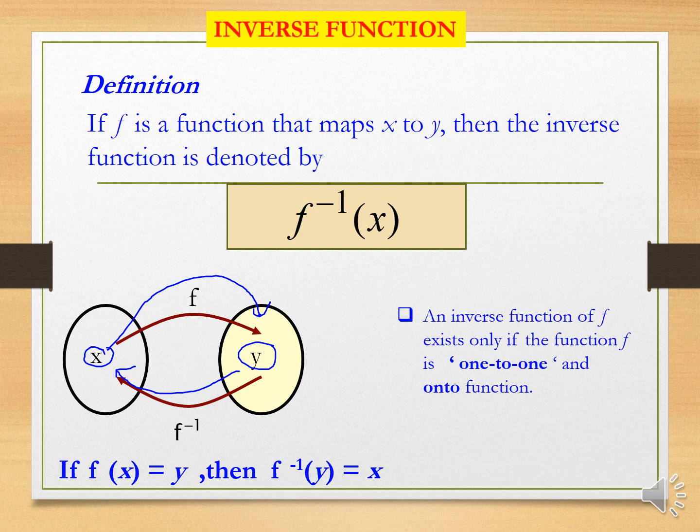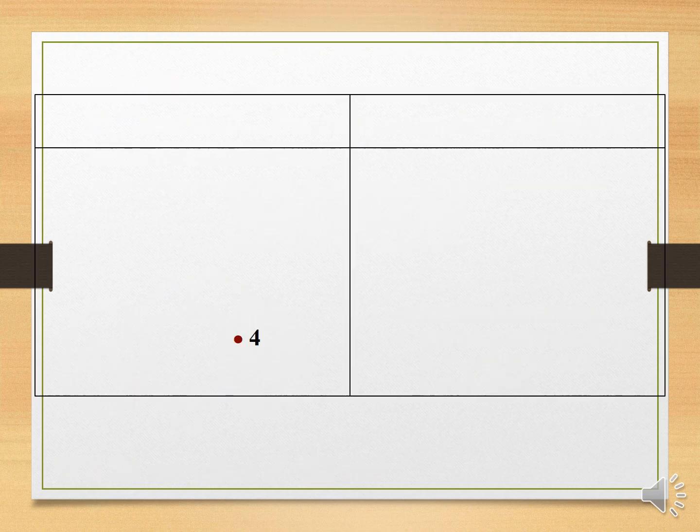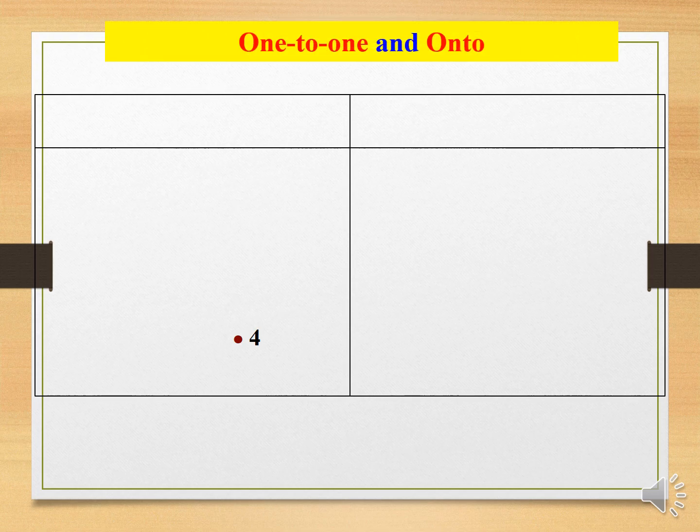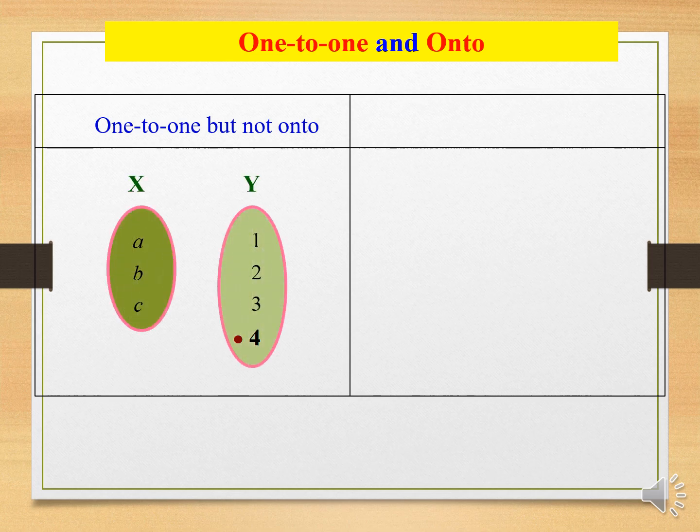An inverse function of f exists only if the function is one-to-one and onto function. For example, they are one-to-one but not onto. We have two sets of elements.